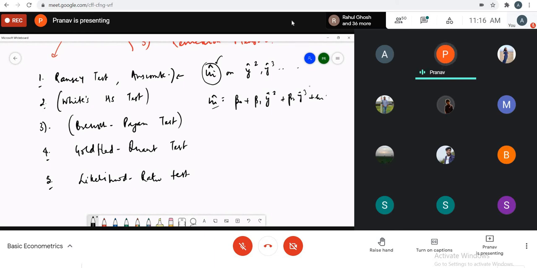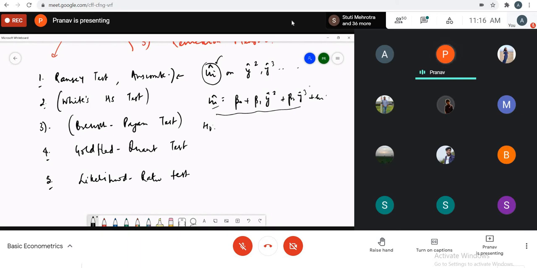So once you run this regression equation, the null hypothesis becomes that beta naught, beta 1, beta 2, all of them are combinedly equal to 0. That is, the entire model is insignificant. If the coefficients are individually or combinedly insignificant, it means your error terms are homoskedastic.